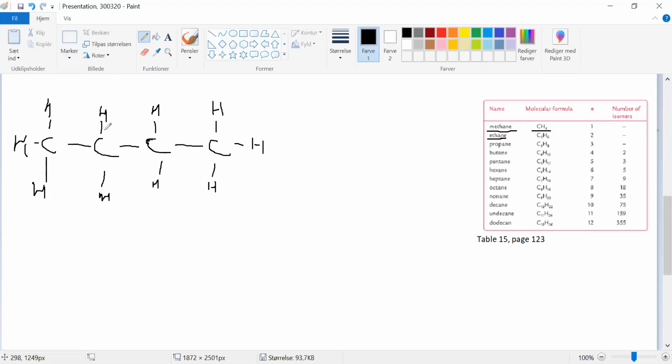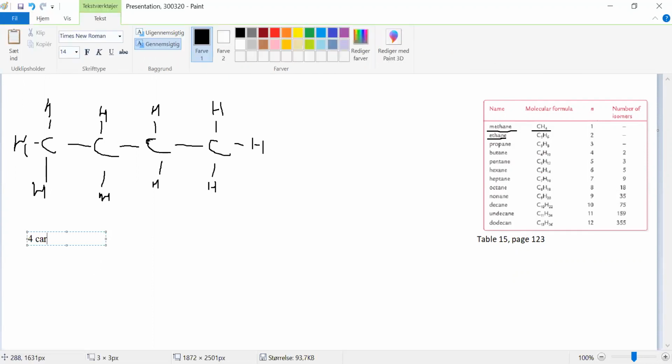So in this molecule here, we have 4 carbons. And that actually should be enough. The hydrogens are often not that interesting. The hydrogens are just supposed to be there, but there will always be quite a lot of them. So the strategy I use is that I just count the carbons, because that often is enough.